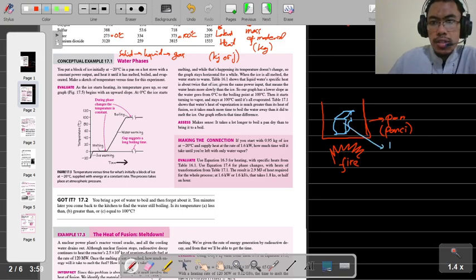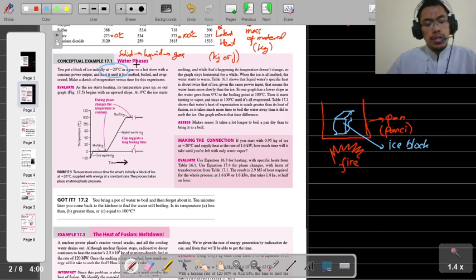So this is the ice block, and the initial temperature of the ice block is minus 20 degrees Celsius.